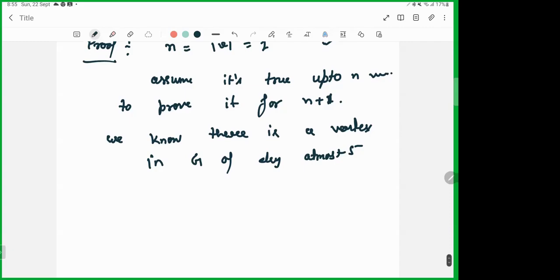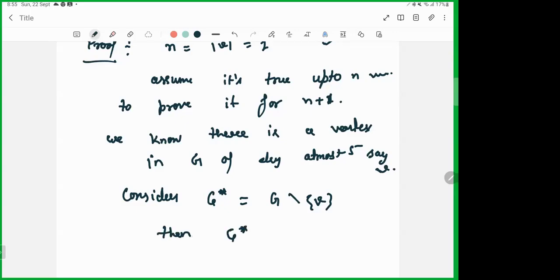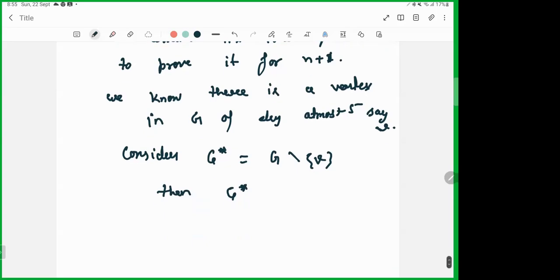So consider some other graph, let's say G star, which is G minus this vertex V, of degree at most 5. Then G star, we know by hypothesis, chi of G star is less than or equal to 5.